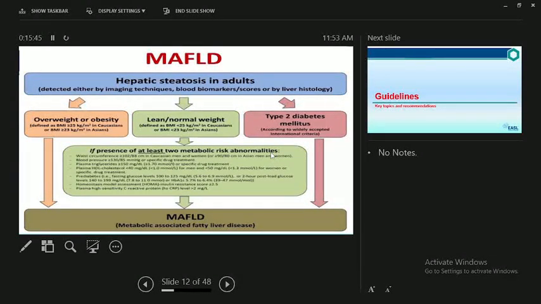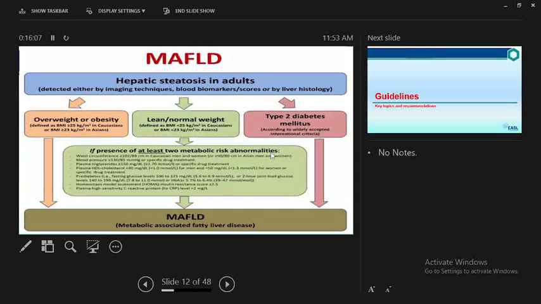If those diseases are there along with fatty liver, that is called MAFLD. Some clinicians believe that, some do not. I don't know, but people are still not sure about this MAFLD or NAFLD theory.